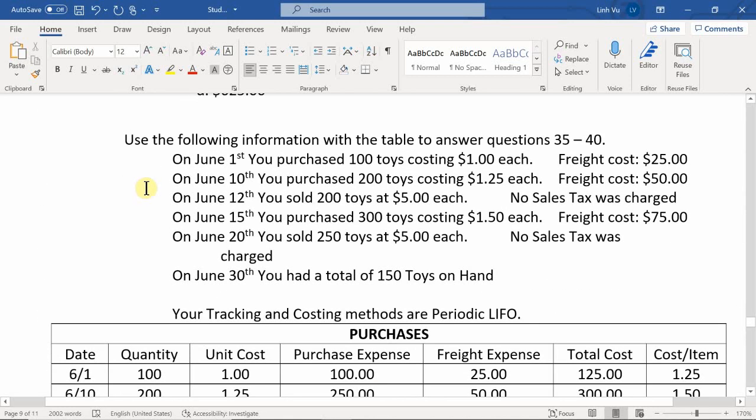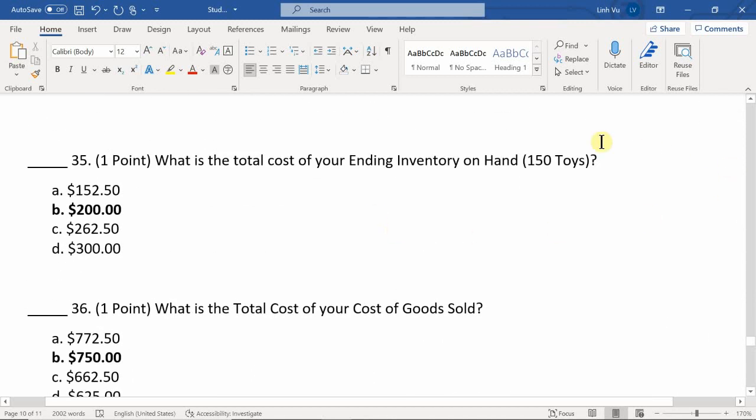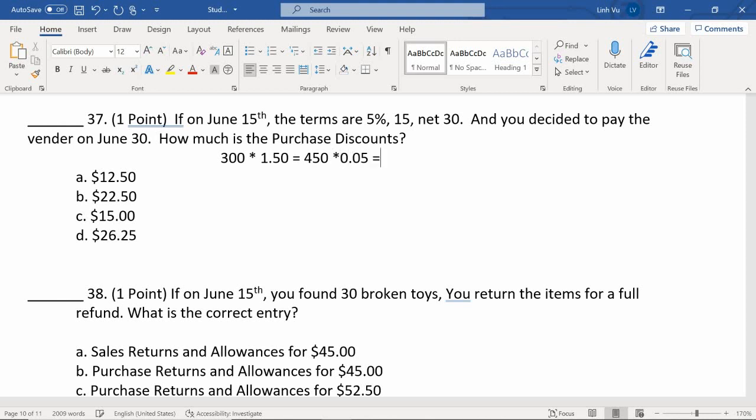On June 15, we purchased a total of 300 toys at $1.50. So 300 times $1.50 equals $450, and we're looking at the discount. The discount is 5%, which gives me a total. What did you say, Nancy? $22.50. Okay.